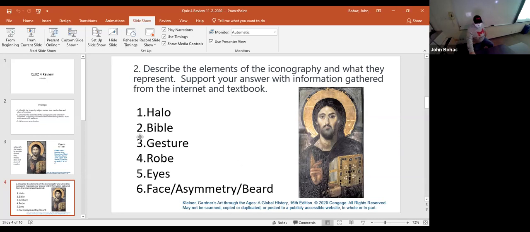But this is what I was looking for, and I graded them and marked them down. They were mostly pretty good. The couple that weren't were describing iconography, but not the elements of this specific icon. That was just really misunderstanding the question.